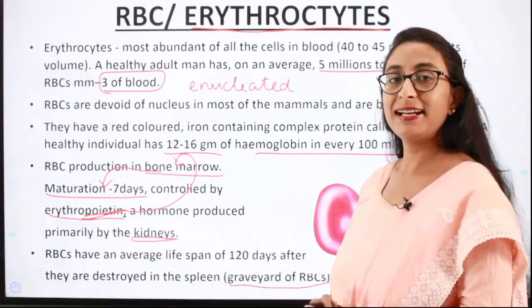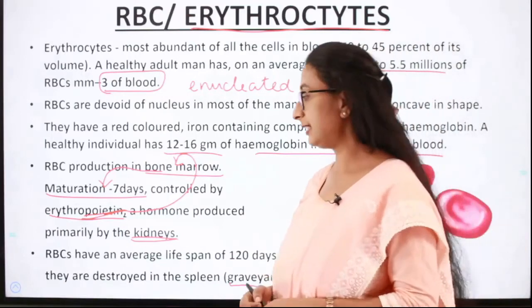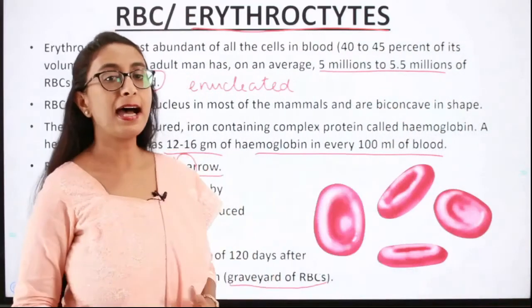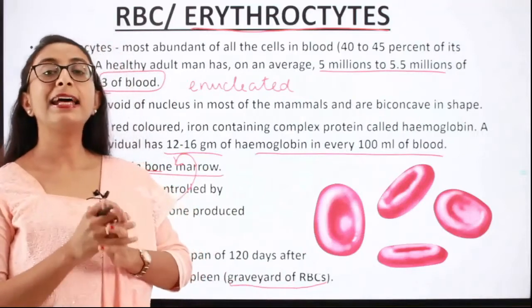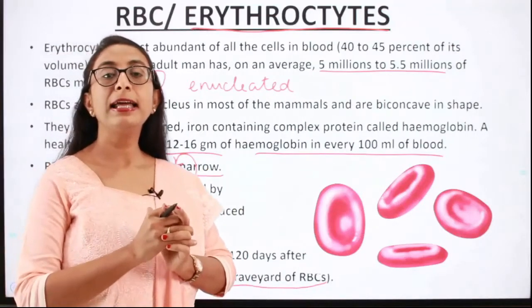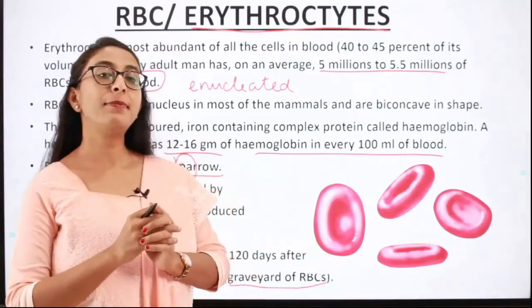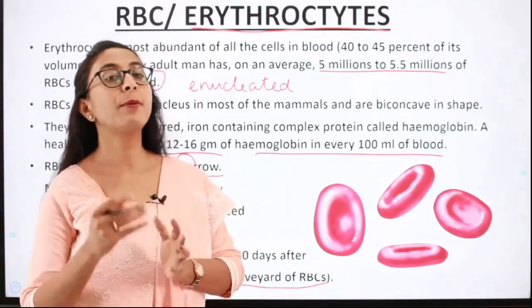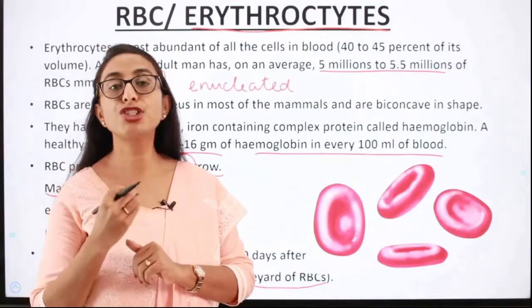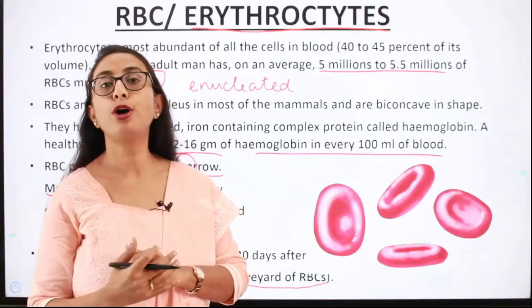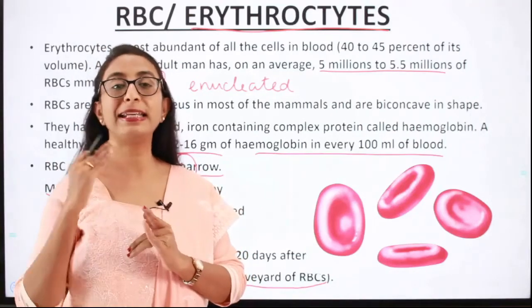Did you all understand about RBCs? RBCs are biconcave cells. They are the most abundant in the blood. They do not have a nucleus, and the maturation of RBCs takes 7 days. They are produced inside the bone marrow upon stimulation by the hormone erythropoietin, which is produced by the kidneys.